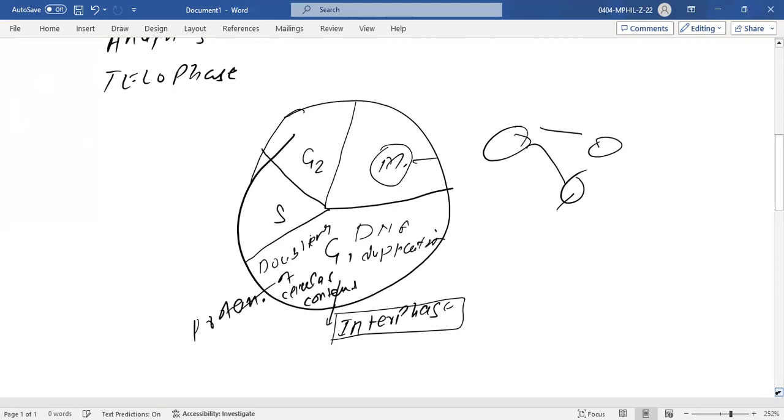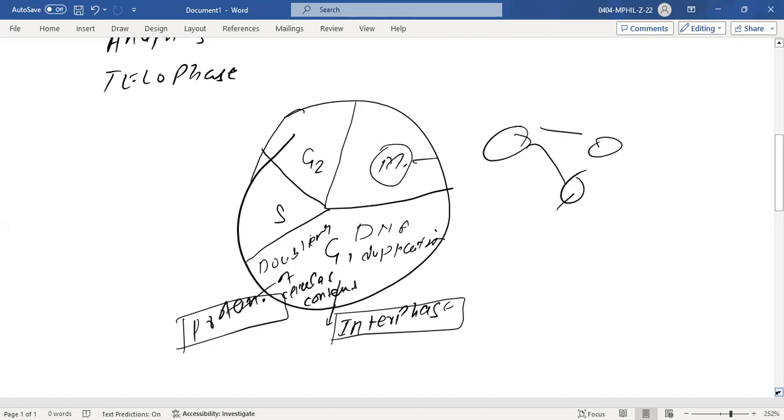Definitely there will be some proteins, like in the form of enzymes. They may be structural proteins, and more importantly, cytoskeleton and some other things. All these are going to duplicate here. Everything has to replicate itself in a very similar and identical form. You should keep that in mind.